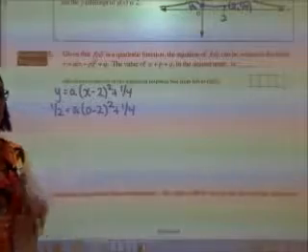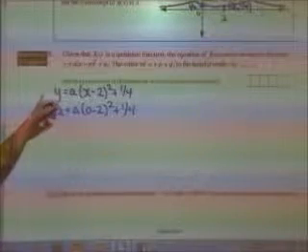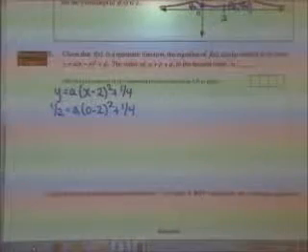So if I subtract 1/4 on each side, what is 1/2 minus 1/4? Picture a pie. If I have half a pie and I take a quarter, I'd be left with a quarter.